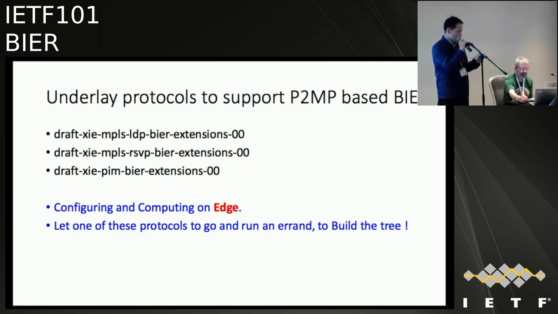Then the underlay protocol for P2MP BIER include mLDP, RSVP-TE, and PIM. To highlight that they all need the configuration on edge only. And any of the protocols can go and run an errand to build the tree with BIER information.